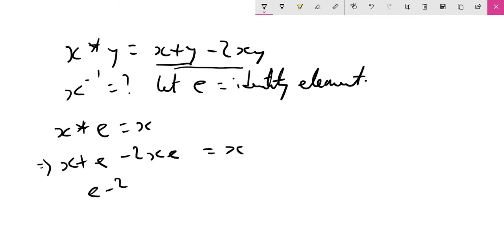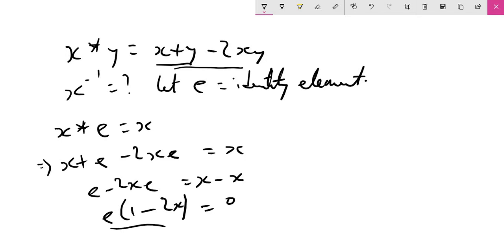We have e minus 2xe equals x minus x. Factorizing e out, we get e times (1 minus 2x) equals 0. Dividing through by 1 minus 2x, we have e equals 0.